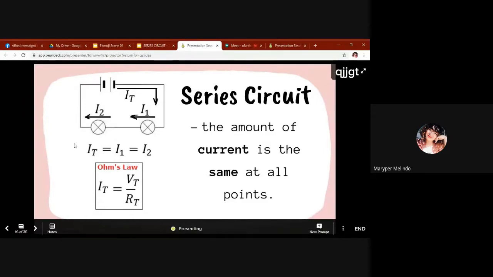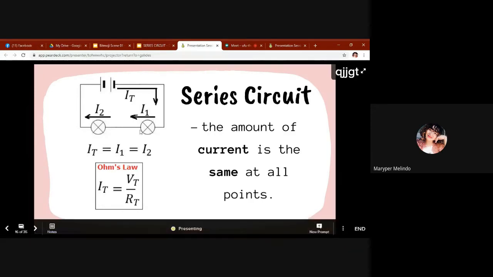Meaning, for example, in this equation, you will observe the IT or the total current is equal to I1 and I2. So for example, sabi nga natin kanina, itong bilog na to ay bulb. So yung bulb 1, meron siyang current 1.